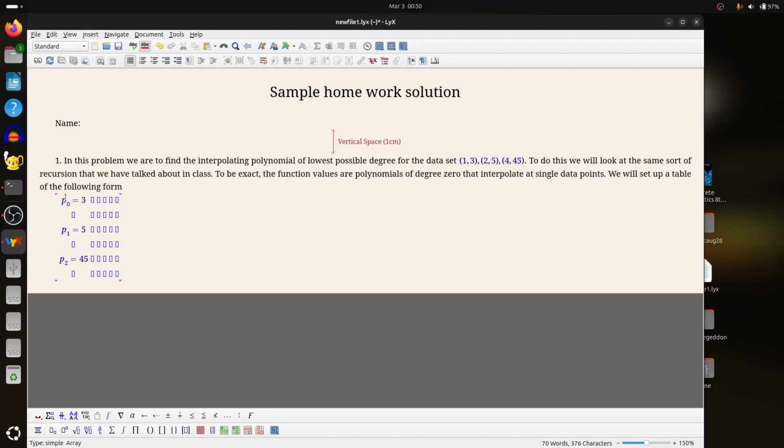Now, at the moment, I don't know any of the rest of these things. So on this line, I'm going to have P sub 01. I'll type that in a minute. I'll have P sub 12. I'll type that in a minute too. And I'll make a little more space there. I'll put P sub 012 there.